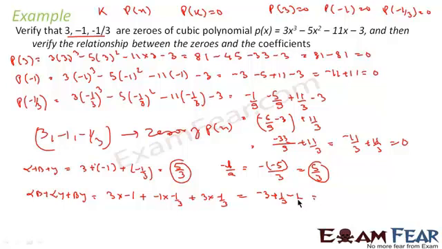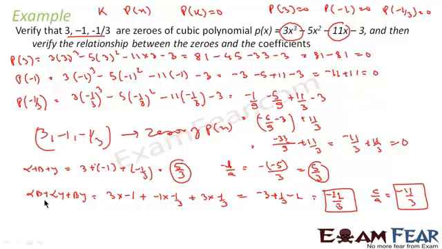And this becomes minus 3 minus 1, minus 4. This becomes minus 11 by 3. Now we know that this is nothing but c by a, and c by a is also nothing but minus 11 by 3. That is minus 11 by 3.